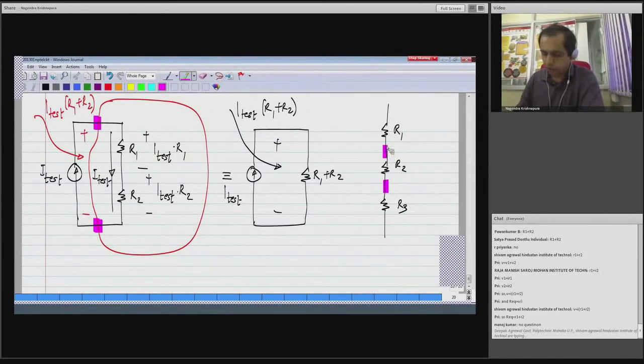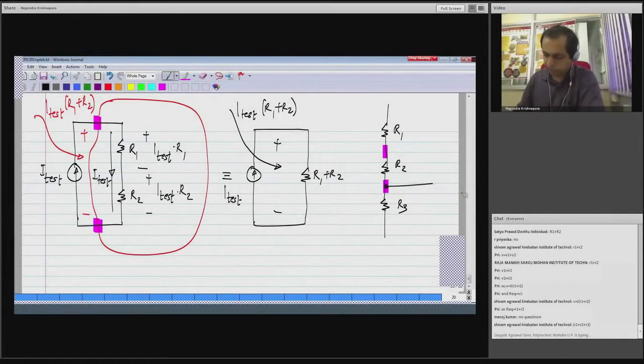This point should have only two elements, R1 and R2, like here this has R2 and R3 and so on. If you have something else going off here, you cannot say that R1, R2 and R3 are in series. You also have to look at what is connected to this one. So in this case, this is equivalent to a single resistance, R1 plus R2 plus R3.